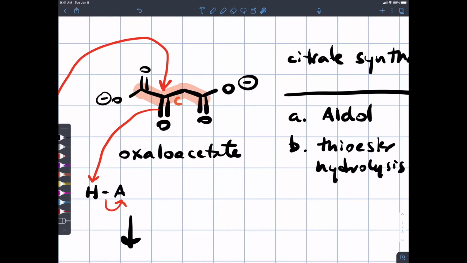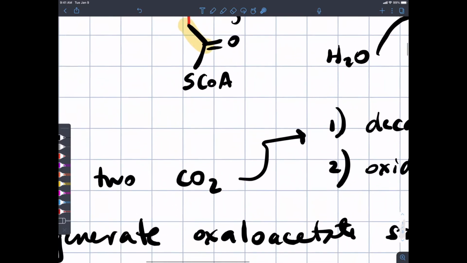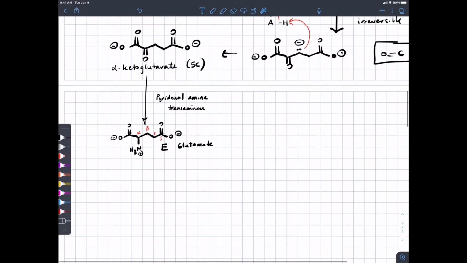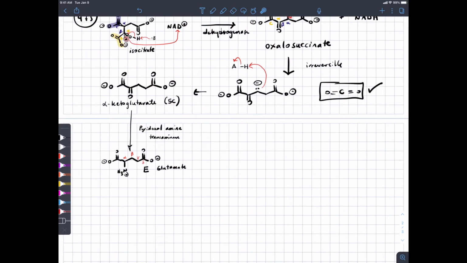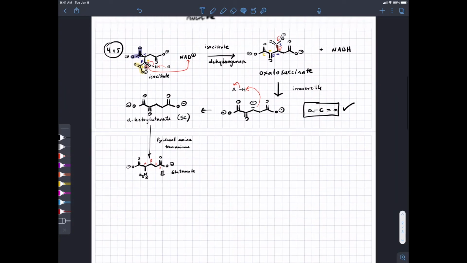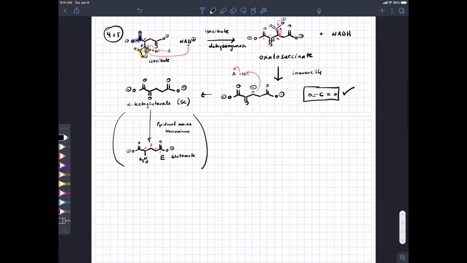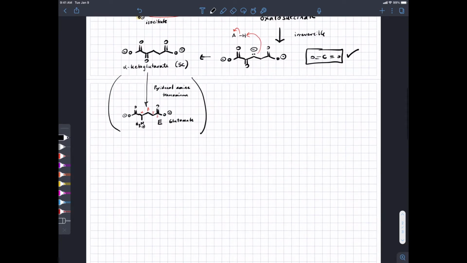If I showed you that mechanism, you've seen it before, you should go back and look at your notes and notice how imine formation and some tautomerization allows this process to occur. That's sort of a side note. As you take biochemistry, you may learn about that reaction, and so that's another use for alpha-ketoglutarate. But I'm going to put this in parentheses because that's not what happens in the citric acid cycle. That's amino acid synthesis.